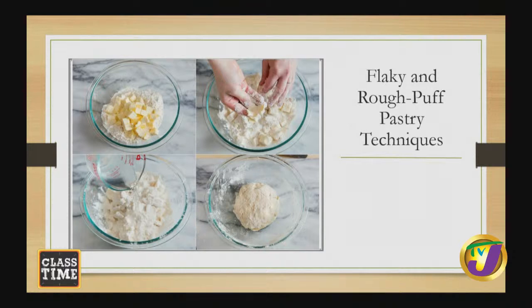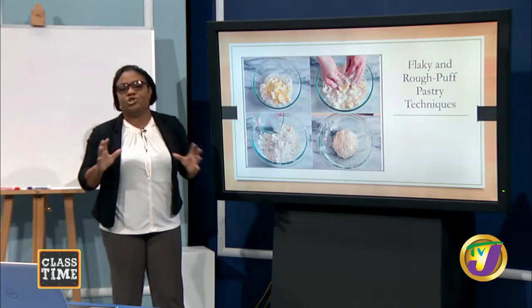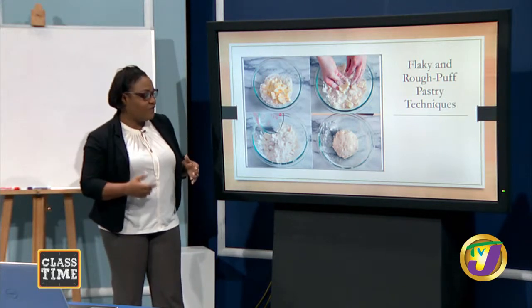Because of the fat content, remember that once heat touches fat, it's going to melt. So if it is already soft, you're just going to have one mushy, soft, doughy pastry, and you don't want that. If you start off with it being cold and then it melts, it comes into this light, crisp, delicious product, which is what you're aiming for.